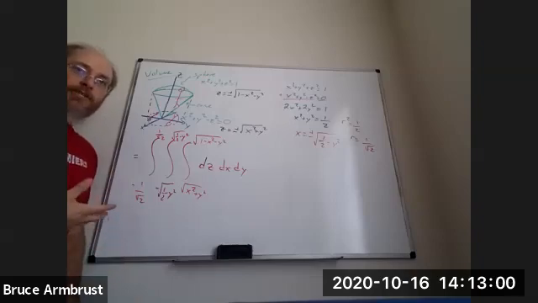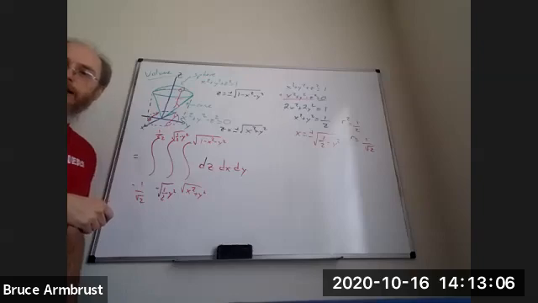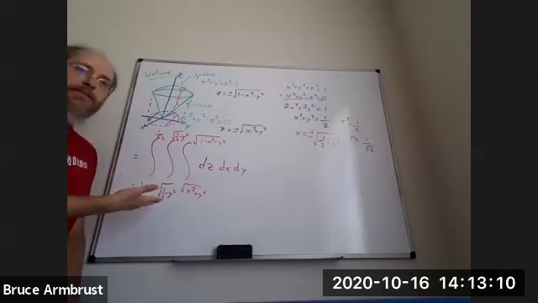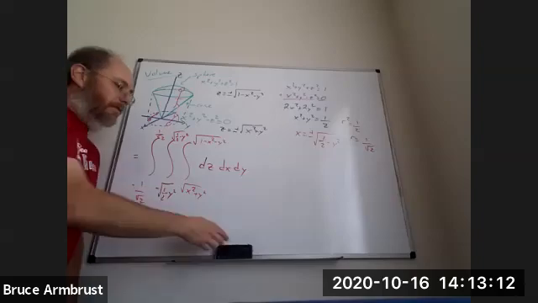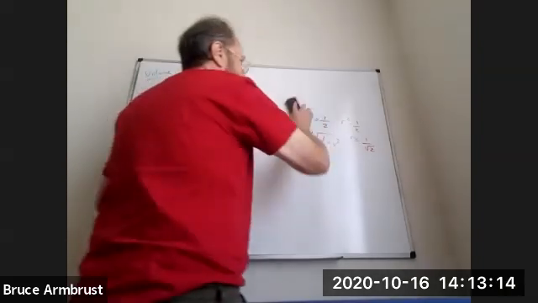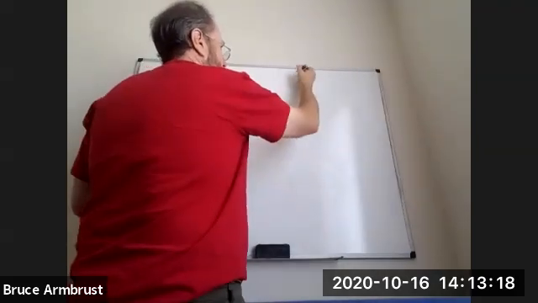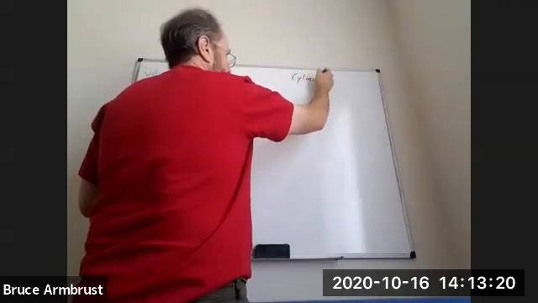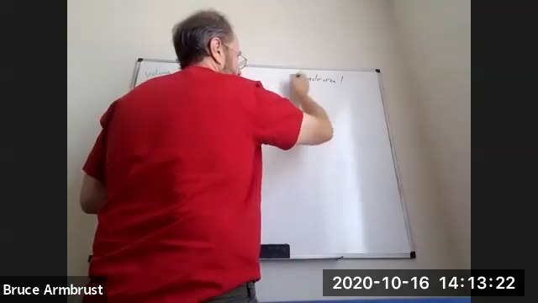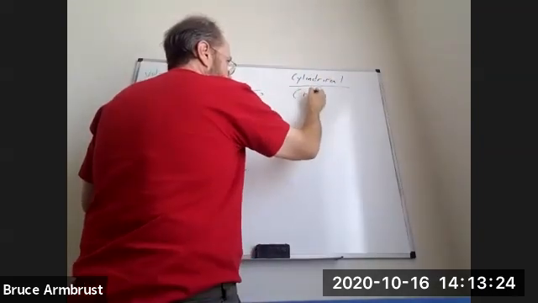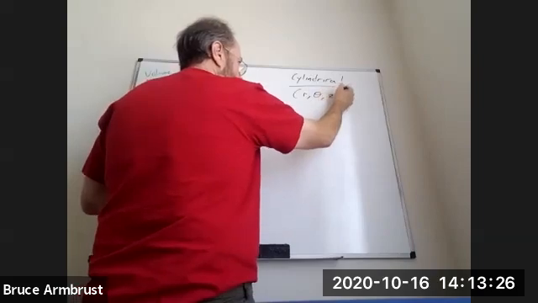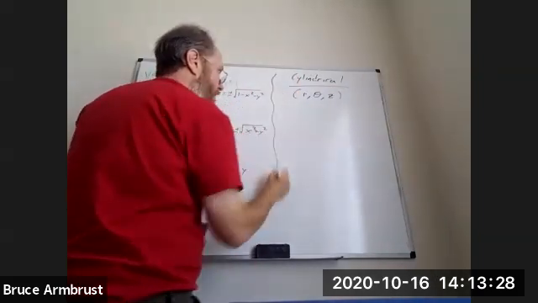So let me remind you about those other two systems. They're called cylindrical and spherical. And then I'll show you, I think we've got enough time, what happens if we do this in cylindrical. All right, so real quick, to remind you about these guys. Cylindrical is the one where we have r, theta, and z.